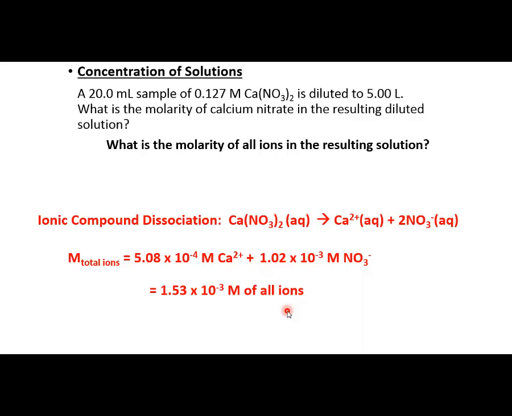So it doesn't matter whether I have cations or anions or neutral molecules, just however many particles I have dissolved in a solution will affect physical properties like boiling points, melting points, vapor pressure, those types of properties, due to the number of solute particles. So in that case, I would want to be able to calculate the concentration of all the ions in solution. Now, many times for those calculations, we might use units of molality, but here's a nice bit of practice for relating it to the concentration of all ions via molarity.